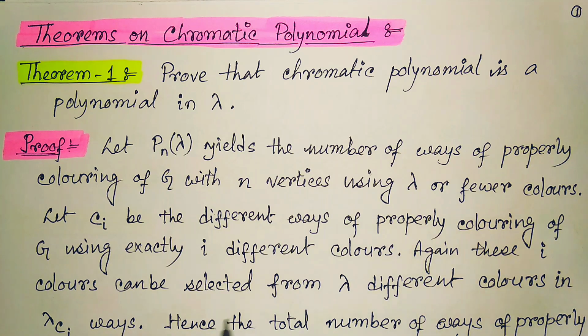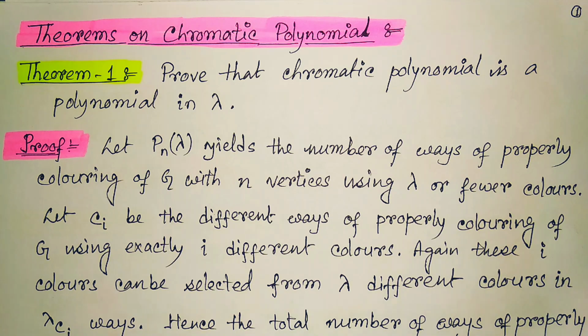From the lambda colors, if we select i different colors and it is possible to color the graph properly using those i different colors, then let Ci be the number of different ways of properly coloring that graph G.